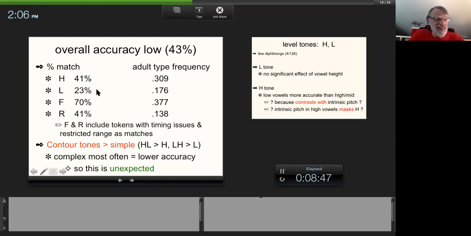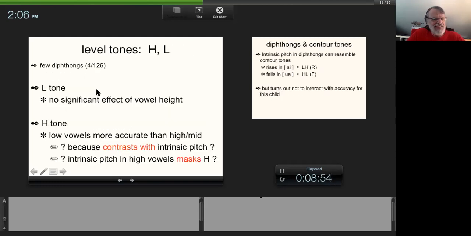And when we see it, I want to ask what other things might be relevant here. Looking at the level tones, it turns out that vowel height just doesn't affect accuracy of the low tone at all. So that doesn't seem to be important. But for high tone, there actually is an effect. The most accurate high tone is on low vowels. So why would that be?